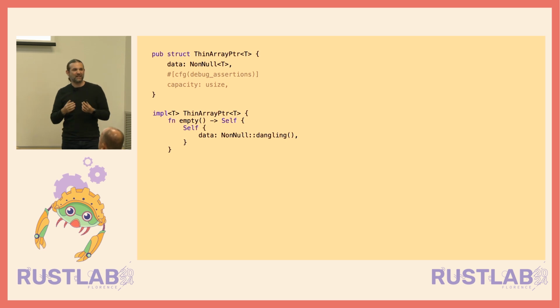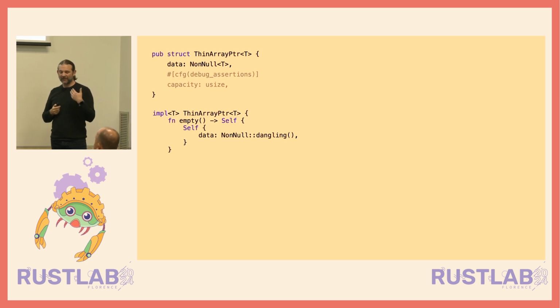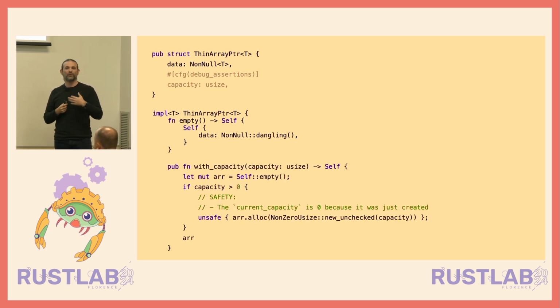And we see something similar if we look at the function with_capacity. This is how you create a real ThinArrayPtr. First, this function creates Self::empty, which itself also called some unsafe functions. Then you check if the capacity is bigger than 0. And if this is the case, then you allocate some memory with a method that is built into this ThinArrayPtr.